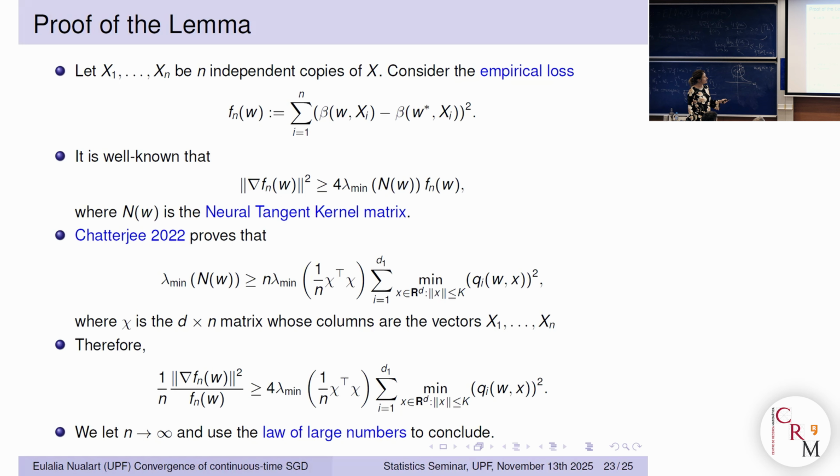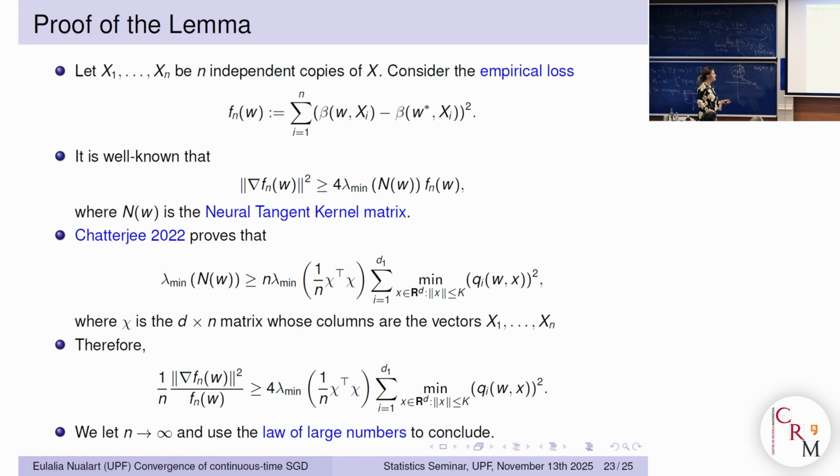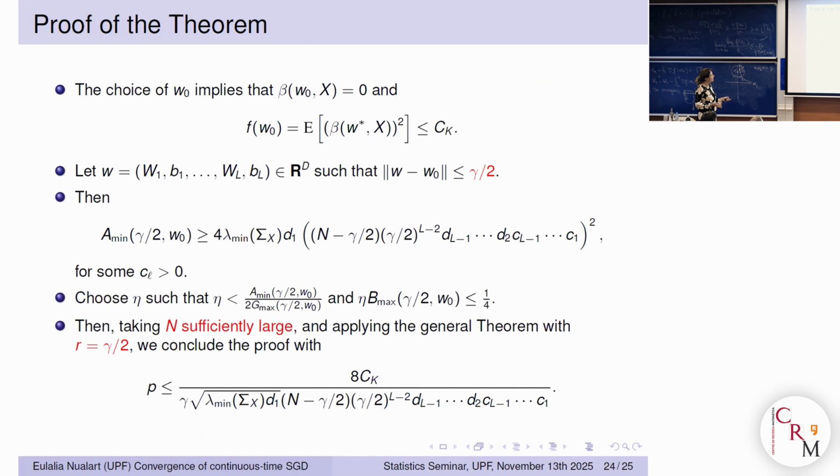But in the case of population laws, we don't have this type of inequalities, right? But for our particular assumptions and our particular networks, using the ideas of Chatterjee for empirical laws, we managed to use the law of large numbers and to conclude that the local condition was satisfied for the population laws. Okay, so this is a point that is also technical.